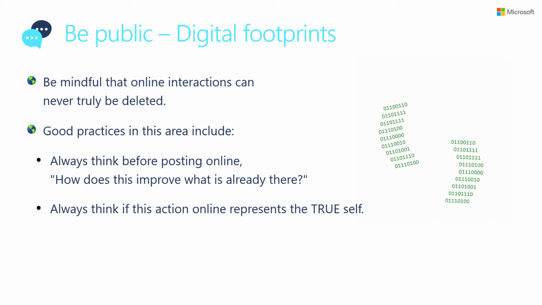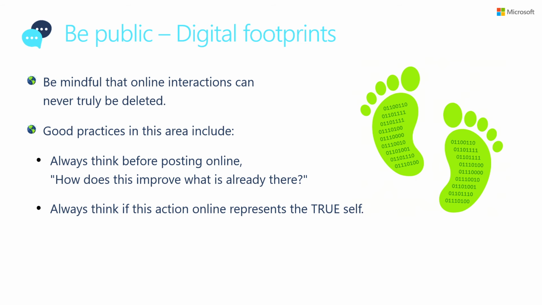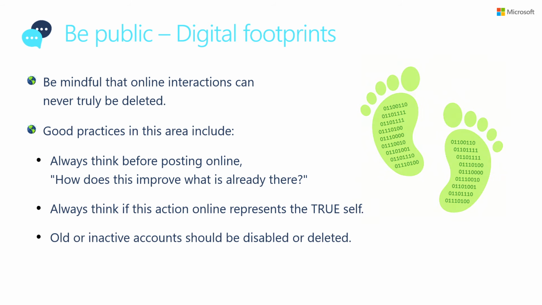Then always think if this action online represents the true self. So it's not like you are just going to post anything and it is irrelevant, or you are not true to that post what you are going to post in the social media or anything. So always think if this action online represents the true self. Old or inactive accounts should be disabled or deleted. So these are already your digital footprints on internet.